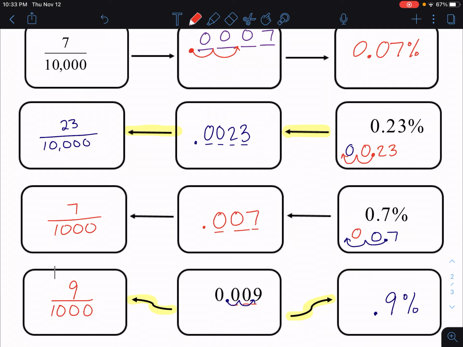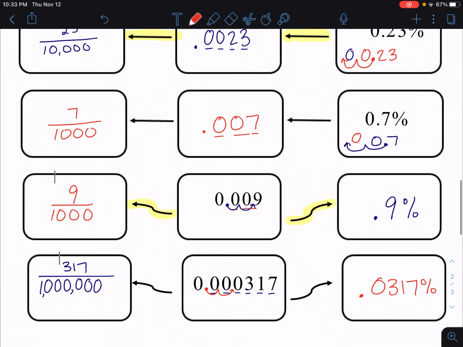And then to change from a decimal to a percent or a percent to a decimal, you're going to move the decimal one way or the other. These are going to be teeny tiny numbers. They are going to have decimal points in them, decimal points at the beginning of the number, and then the entire value follows after.